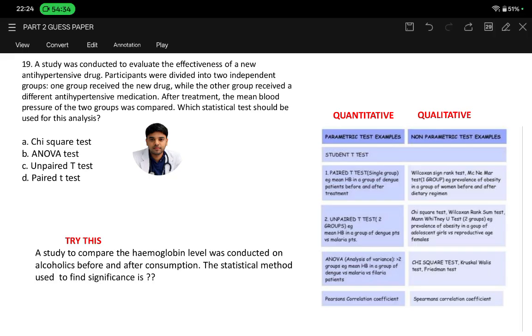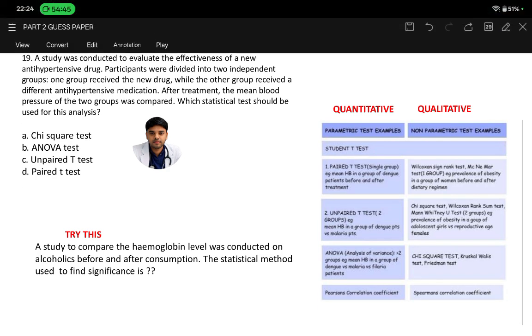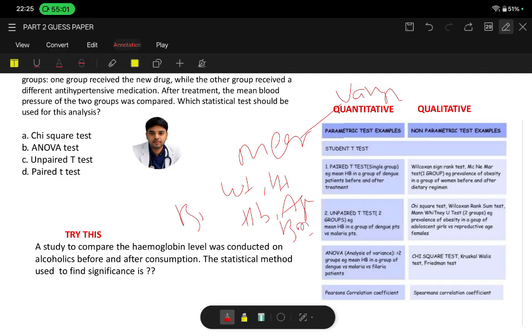See, we have parametric and non-parametric tests here. So it comes under parametric, under quantitative variables. What is quantitative? Tell me. A variable which can be measurable. Examples: weight, height, hemoglobin, age, BMI, BP.